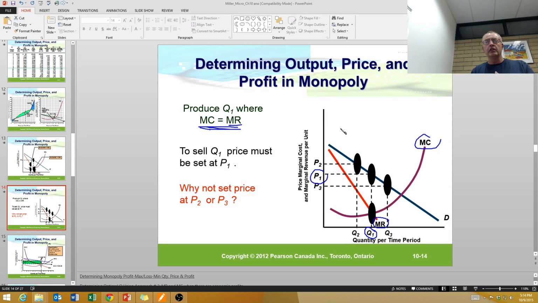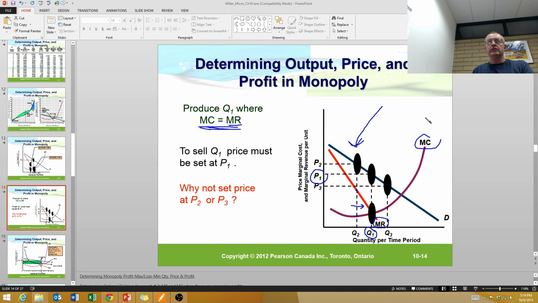So the question is, can we increase our profits by charging a higher price? And the answer is no, because if we try to charge a higher price, our marginal revenue is going to exceed marginal cost at that quantity, and we can always increase our net income by increasing our level of output.